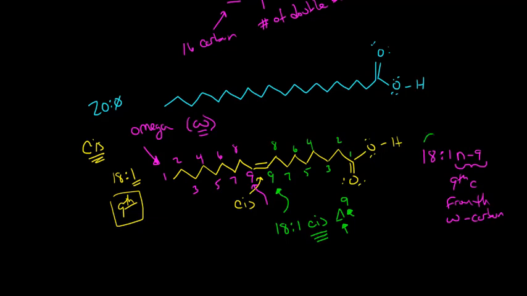But in the biological naming scheme, we don't have to state that because biological fatty acids are cis configuration. In the next video, we'll reinforce these two naming conventions, and we'll explore fatty acids that have more than one double bond.